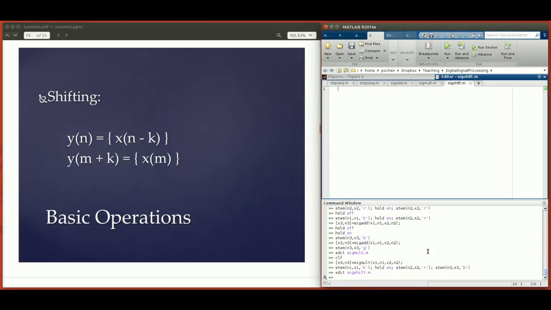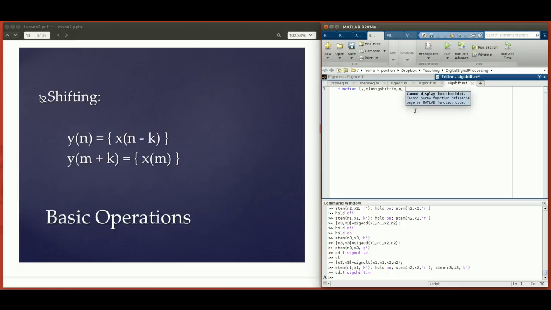And for this function, it's going to have an output signal with its horizontal axis. That's yn equals sig shift. And then we're going to need an input signal and also the amount of the shift that we want to apply. So the input signal, let's just call it x, and its horizontal axis m.